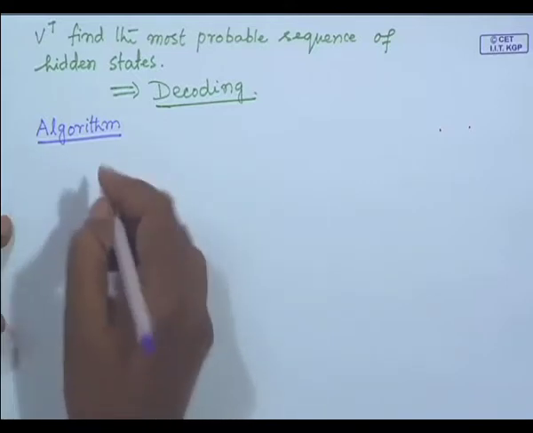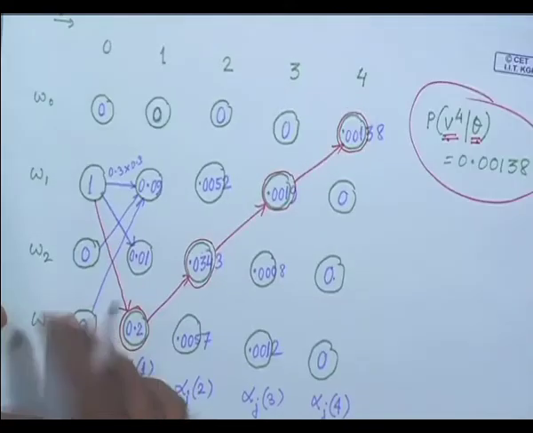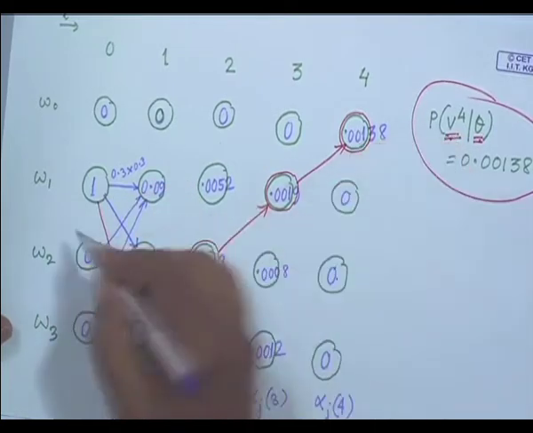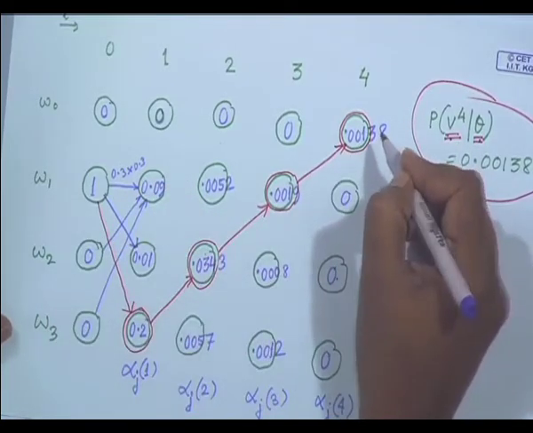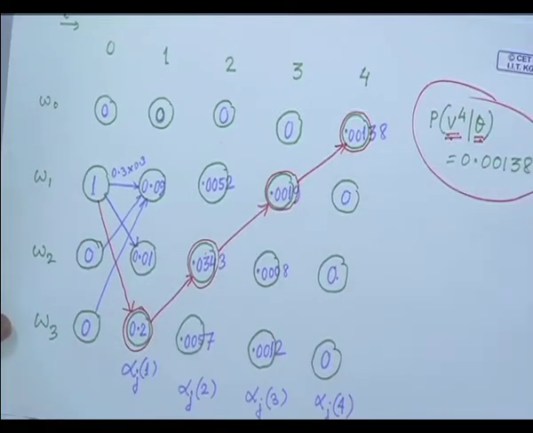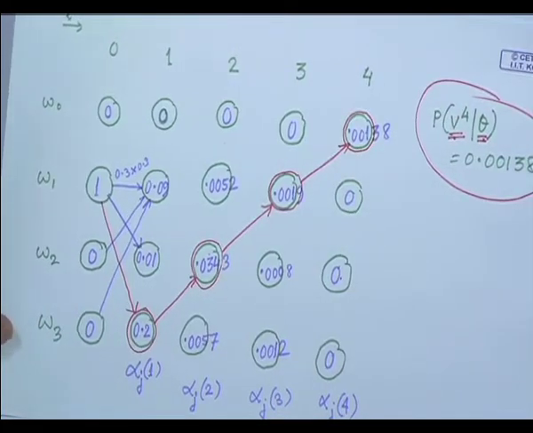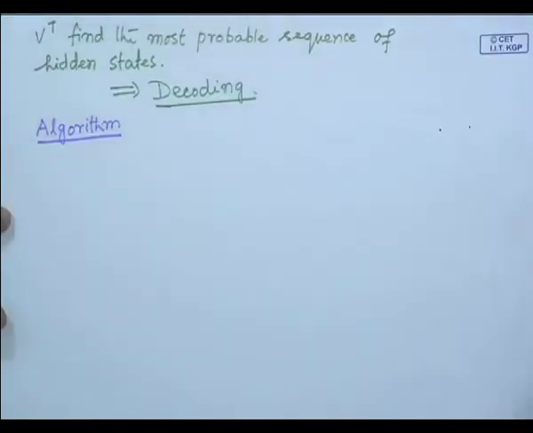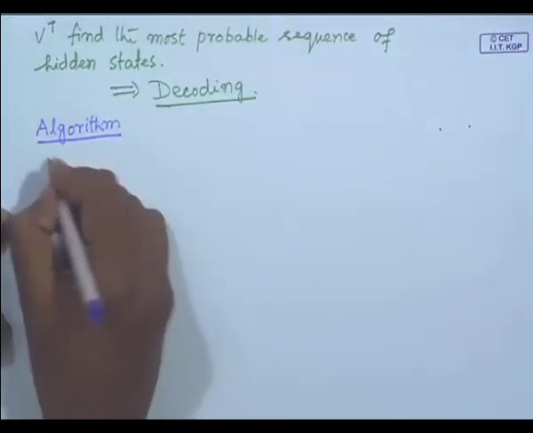So, in the algorithm, basically what I am trying to do is find out the most probable path, which is nothing but the sequence of hidden states through which the model will make transitions. So, I will have, as before, an initialization step.